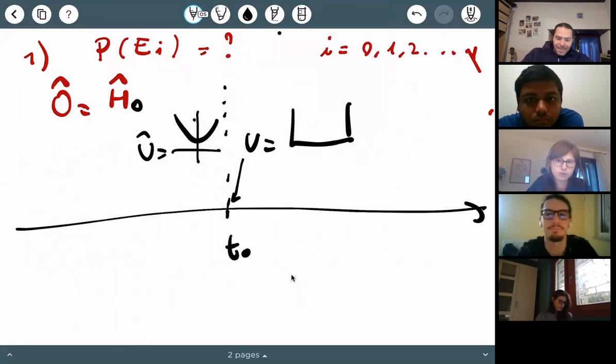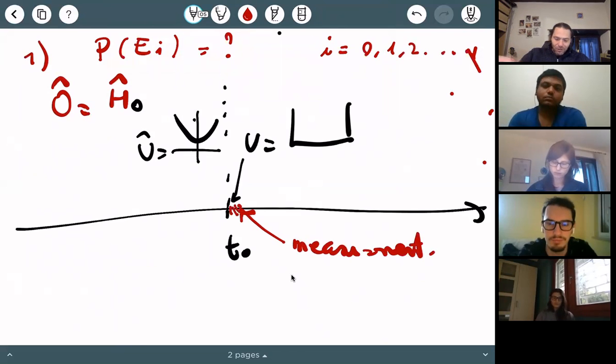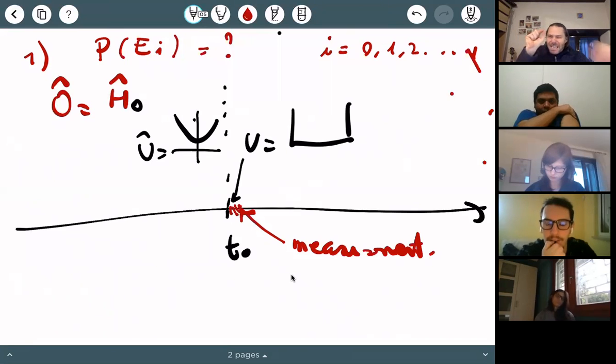And at some time almost immediately after T0, here I make a measurement. See, this is the almost, which we will come to later. So for the sake of now, think it's immediately after. There will be a minimal time lag that I want to discuss with you in a moment.